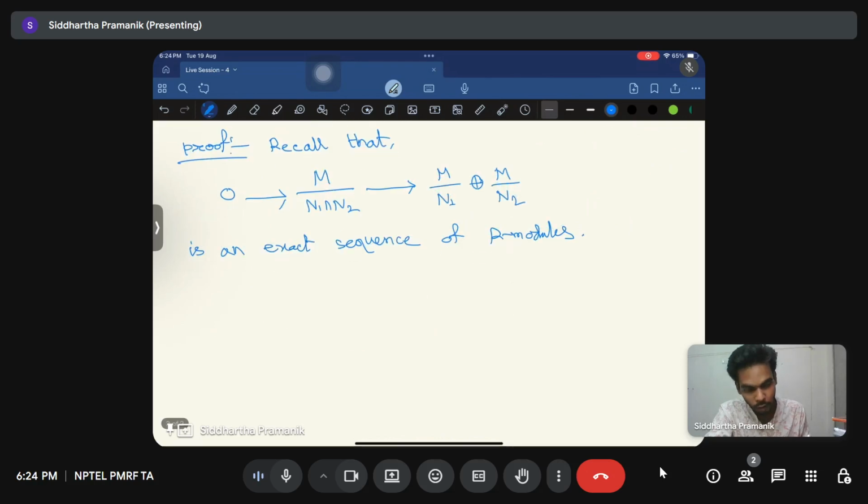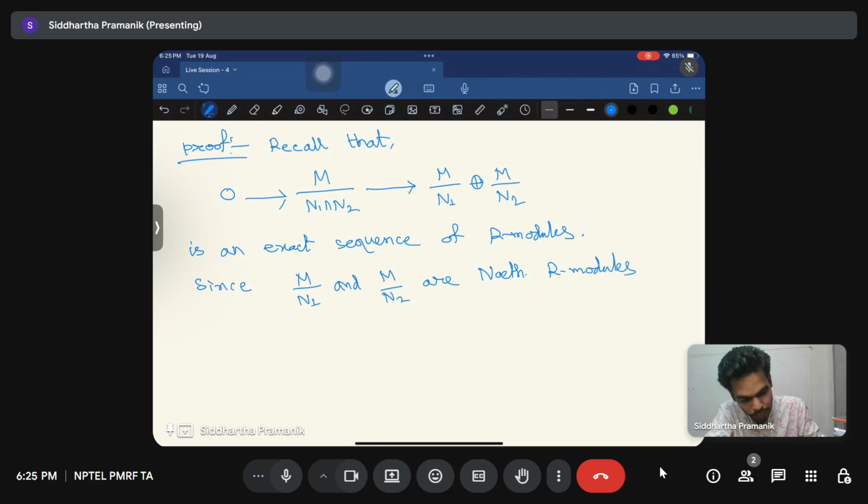Also recall that since M mod N1 and M mod N2 are Noetherian R modules, their direct sum is also a Noetherian R module. So M mod N1 direct sum M mod N2 is also a Noetherian R module.